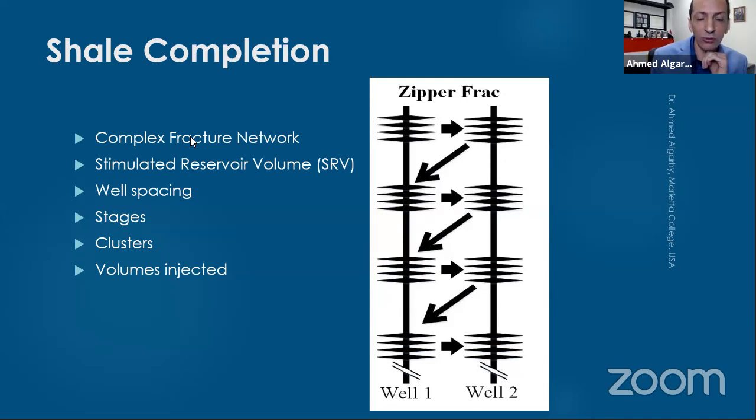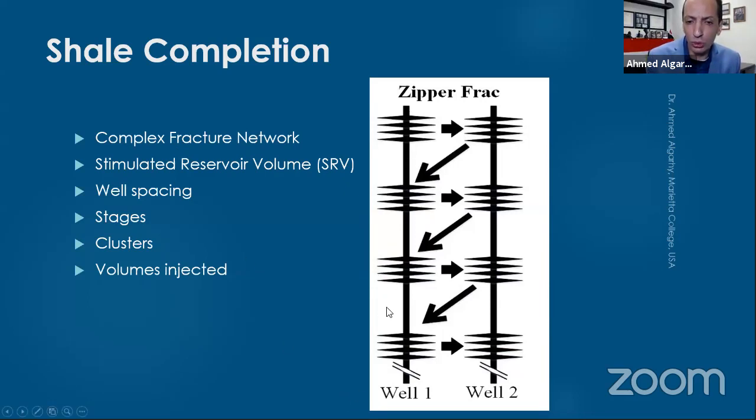It is really unconventional. So we have something we call a complex fracture network. It means I need to fracture almost everything inside that shale. I should frac every single foot inside that shale. I need to connect all this shale together. Why again? Because the permeability is extremely low. So I need to frac everything.